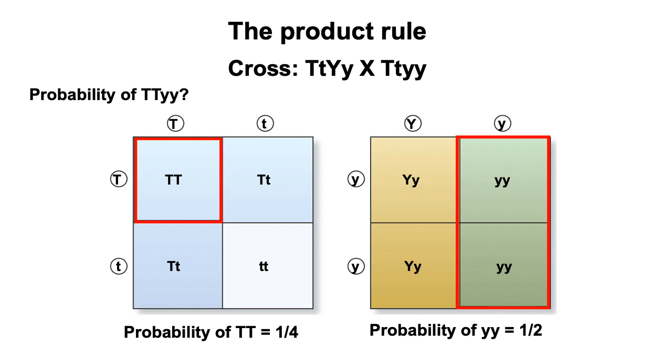And then we can ignore T, and what's the probability of being homozygous recessive at Y? From the Punnett square, that's 1/2, or 2 out of those 4 squares. And so what the product rule allows us to do is to multiply those two probabilities. So the probability of getting homozygous dominant at T, homozygous recessive at Y, is 1/4 times 1/2, or 1/8.